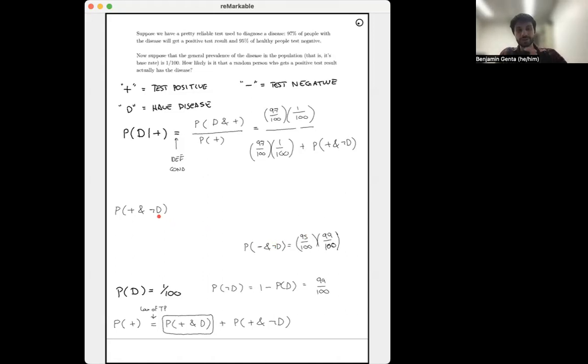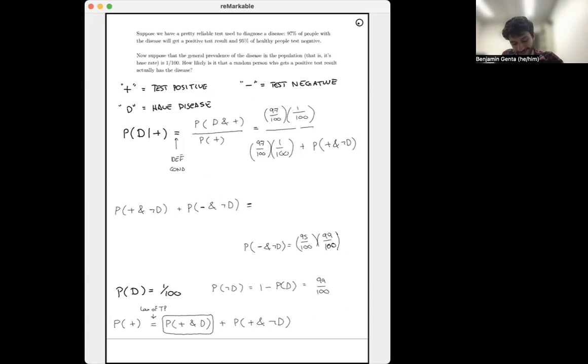Okay, so let's look at these two. How can we put them together to find out what the probability of testing positive and not having the disease is? What we're going to have to do is put them together. We know that if we add these two and not having the disease, if we add them, what do we get?